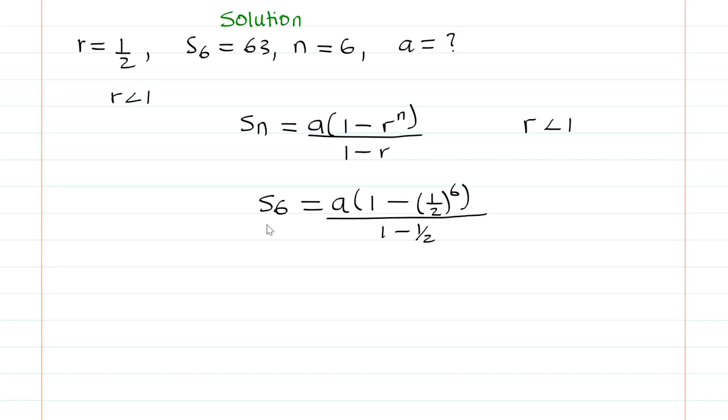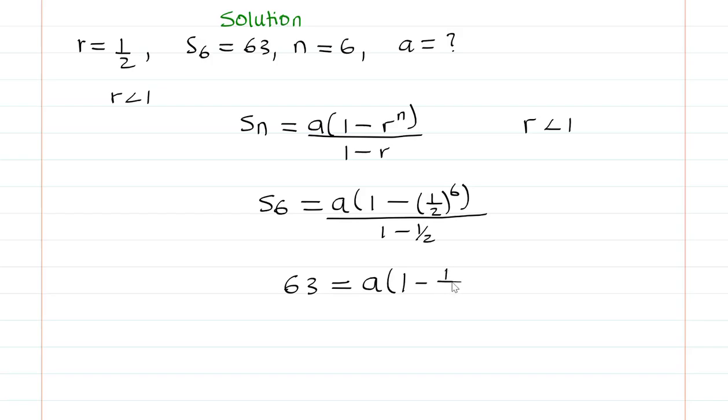What is S6? That is the sum of the first 6 terms, given as 63, being equal to A, the first term, that is what we are looking for, into 1 minus, what is a half to power 6? It is 1 over 64.